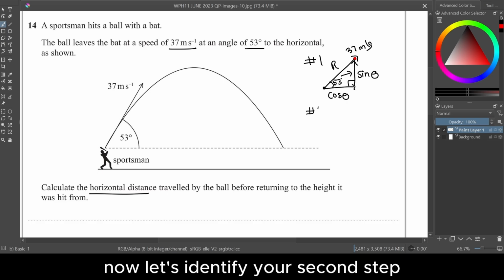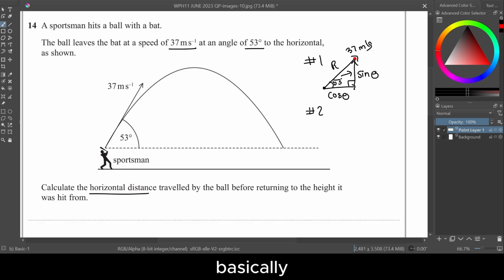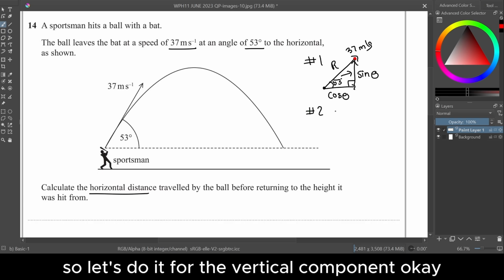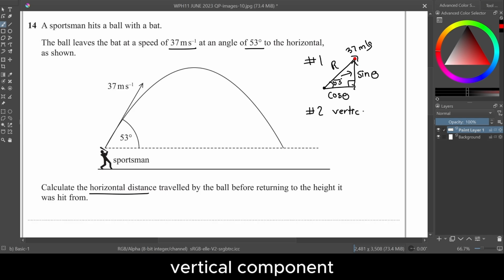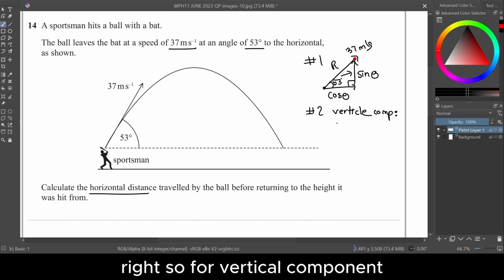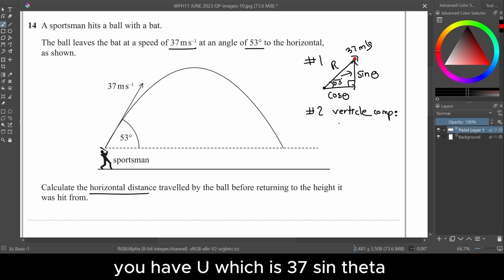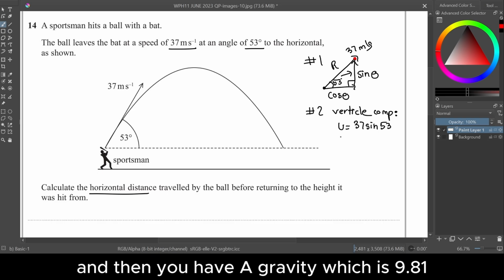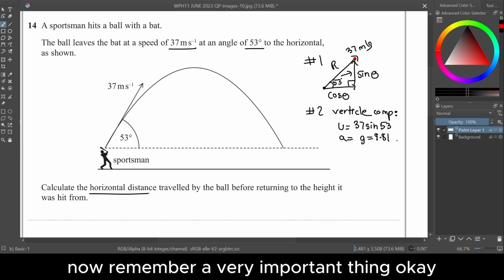Now let's identify your second step, basically identifying the values that you have been given. So let's do it for the vertical component. For the vertical component, what do you have? You have u, which is 37 sine theta, where the angle is 53, and then you have a, gravity, which is 9.81. Now remember a very important thing.